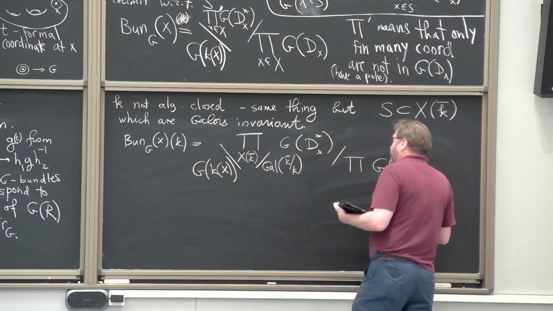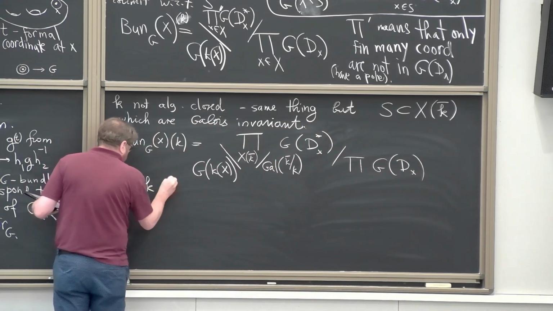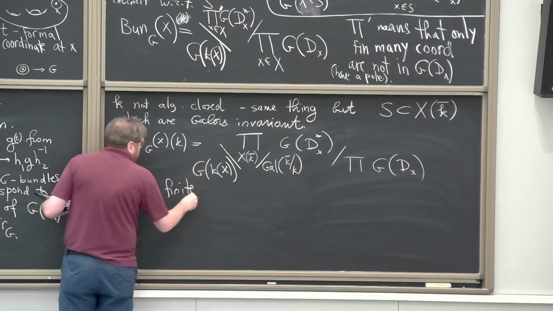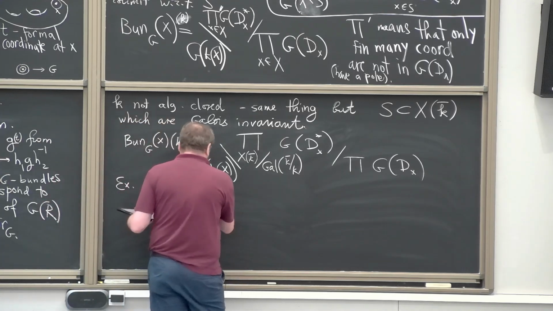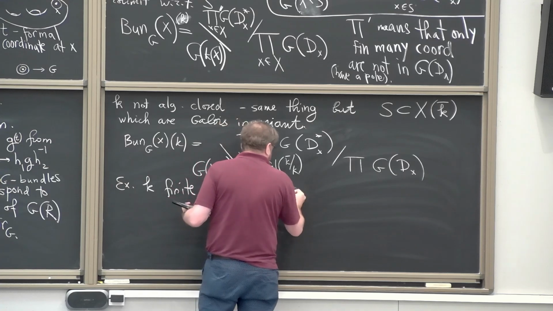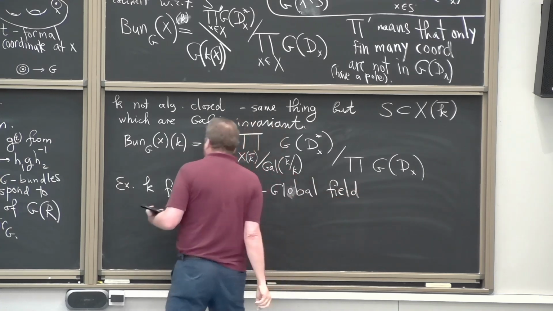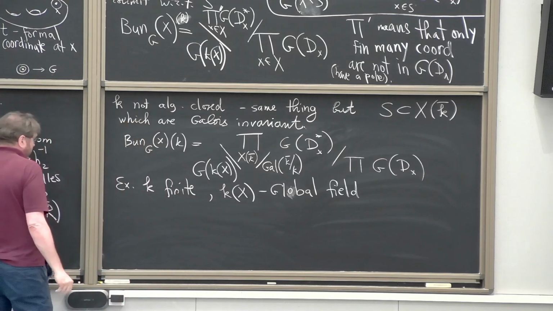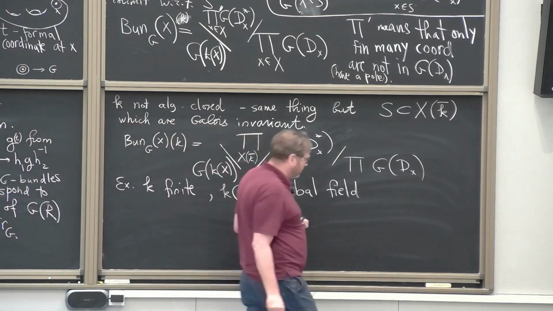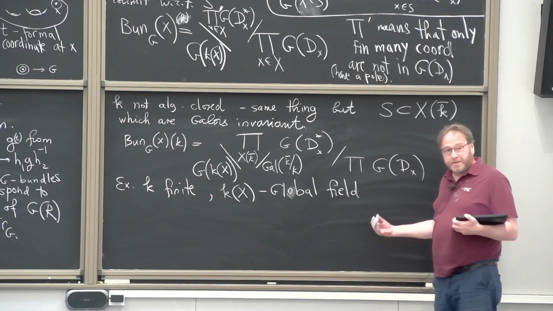And so if K is a finite field, for example, then this K of X is called a global field, which means that all completions of this field with respect to valuations are local fields, locally compact topological fields.